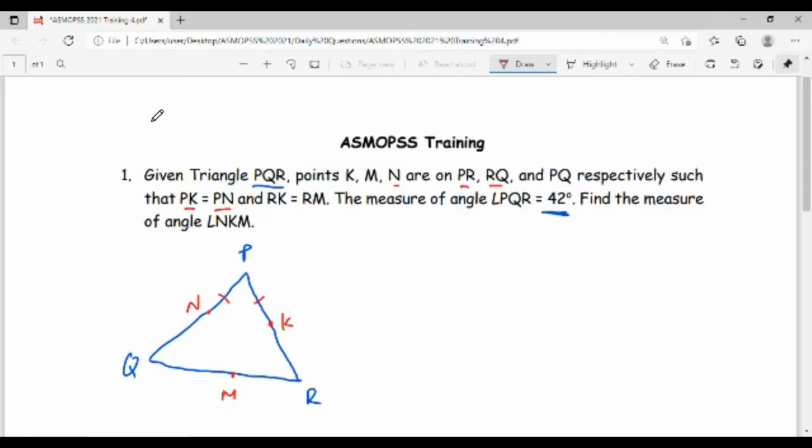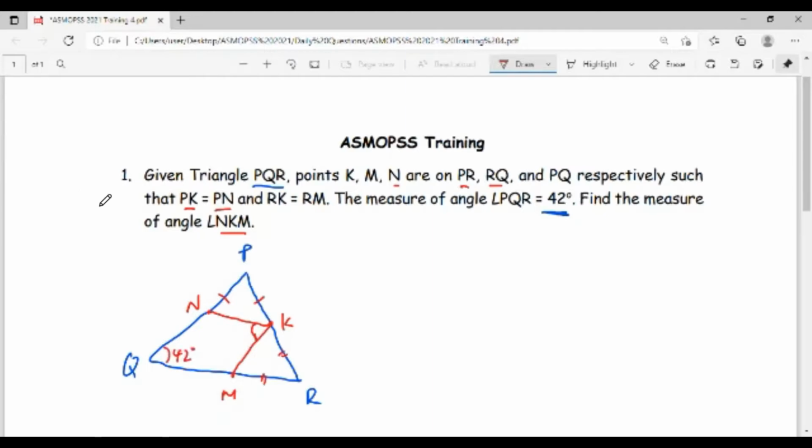And RK is equal to RM, so this side here is equal to this side here, and we have to find angle NKM. So I'll join these points, and this is the angle that we have to find. I'll put 42 degrees in there.